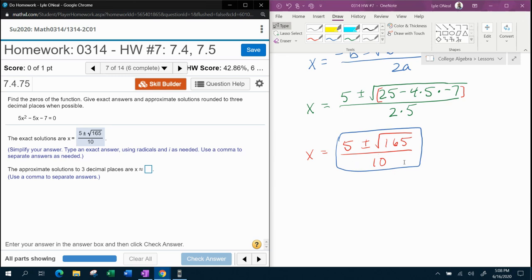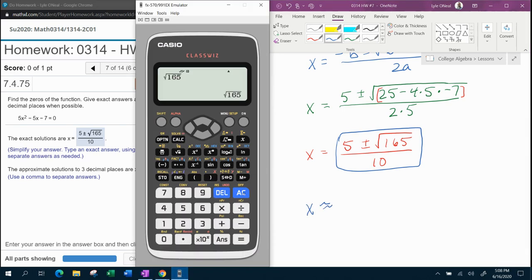Now then, the approximate solutions to 3 decimal places. That means we're going to have to input all of this into the calculator and get it to approximate the answers. You do have to have a calculator to do this, whether it's the Casio Class Wiz or a TI-83, TI-84, whatever you've got. Parentheses, 5 plus square root of 165, move out from under the radical and close the parenthesis.